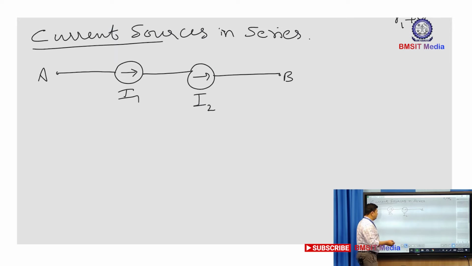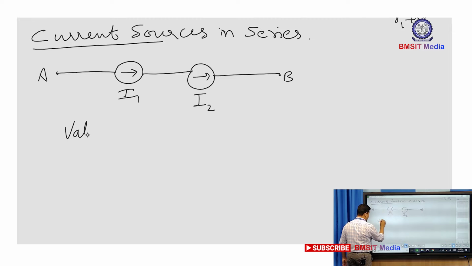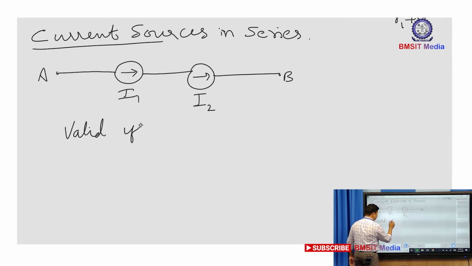Therefore, the connection with two current sources in series in the same branch is valid if and only if I1 is equal to I2.